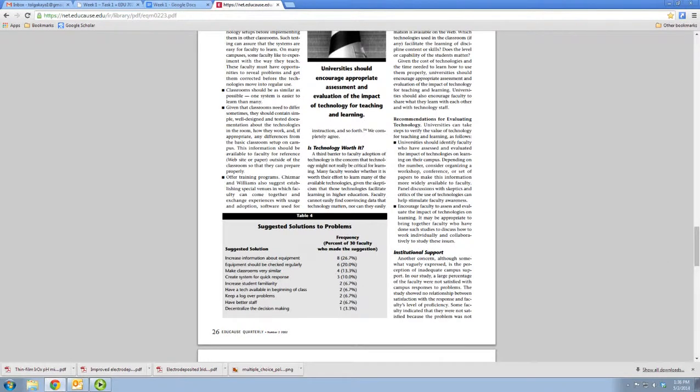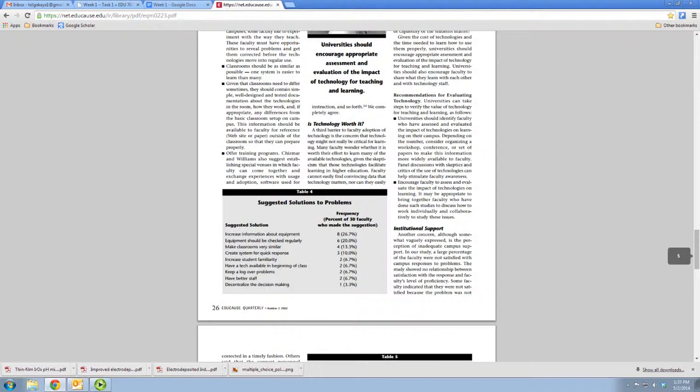Suggested solutions to problems. Frequency, percent of 30 faculty who made the suggestion. Increase information about equipment. Equipment should be checked regularly. Reliability. Make classrooms very similar. So this is interesting. Create system for quick response. Increase in familiarity. Have a tech available at the beginning of class.